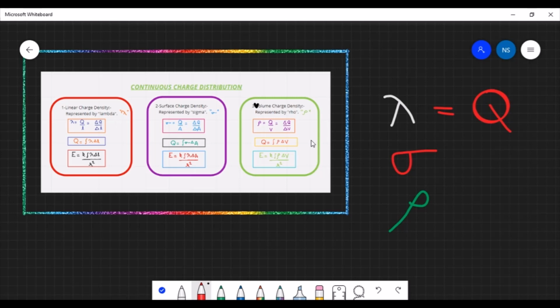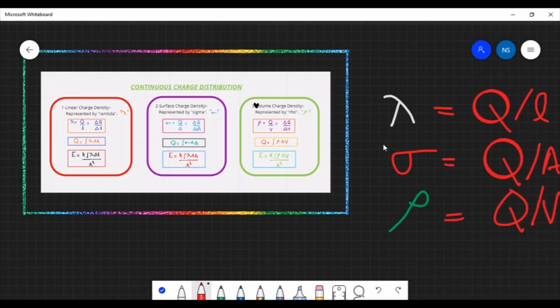Since here it is linear, there will be only one parameter. Let's say it is length, so we have Q by L, that is linear charge density. For sigma, that is surface charge density, as with the word surface we think of area, it is again Q by A. And rho is for volume, so it is charge by volume.